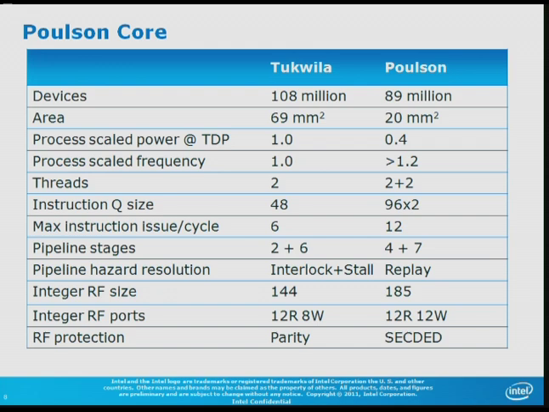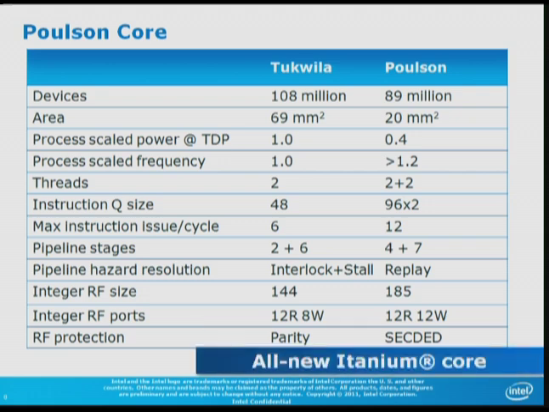Our physical register file for the integer register file, the number of the registers has increased from 144 registers to 185 registers. Along with that, we've increased the portedness of our register files. And for both the floating point and integer register files, we have better error handling. So this represents basically an all-new Itanium core.